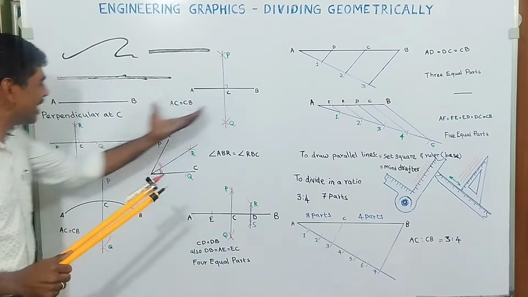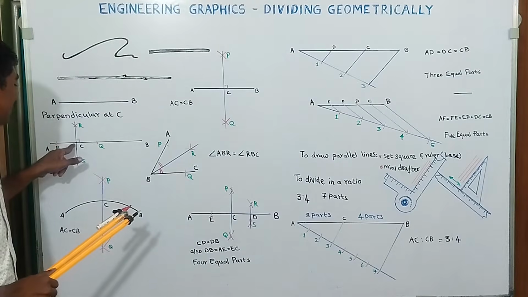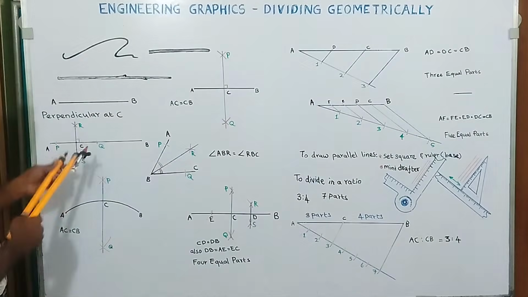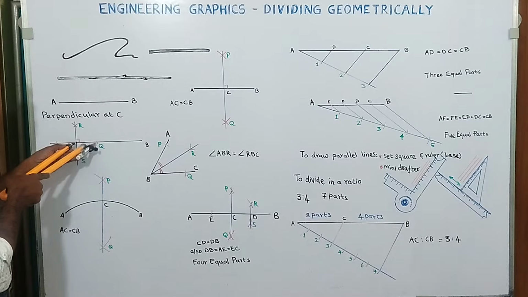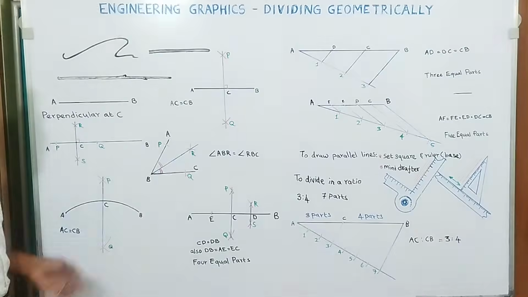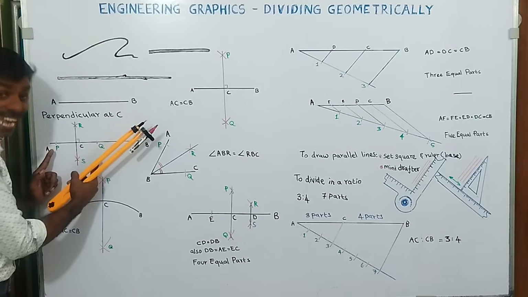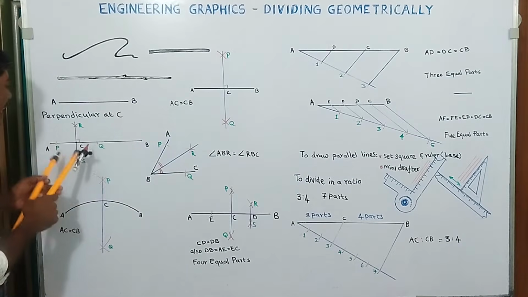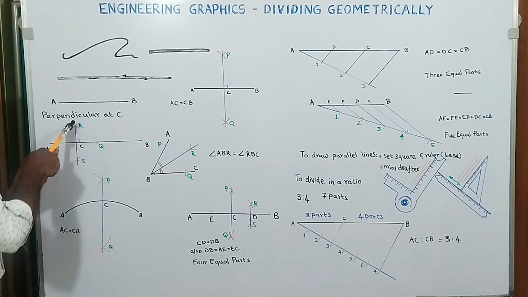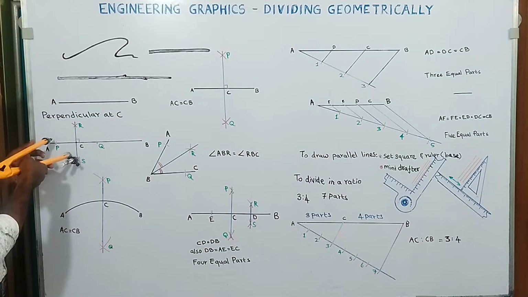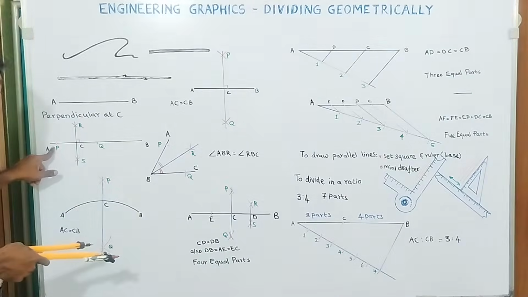Just recreating this here. Considering the point C, with a radius, I have made an arc on either side, and named the points P and Q. Now considering PQ as the line, as we did earlier, taking more than half, make an arc above and below with P as center.